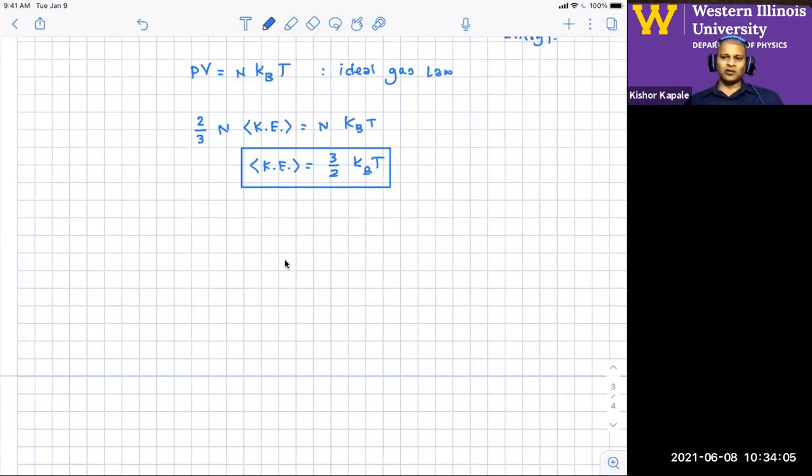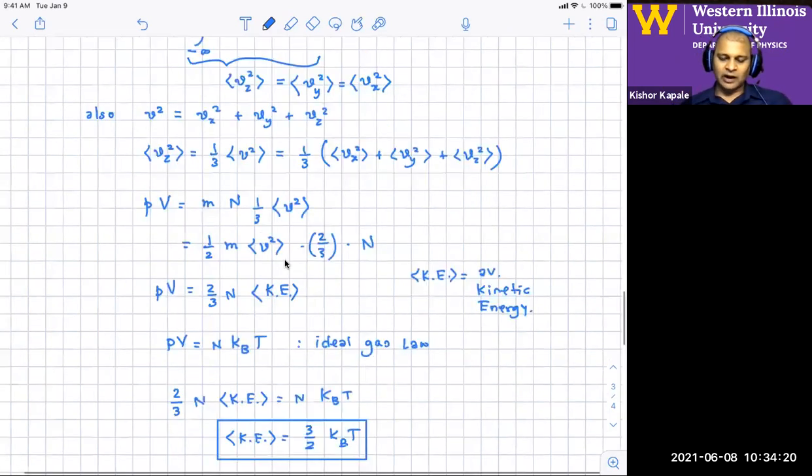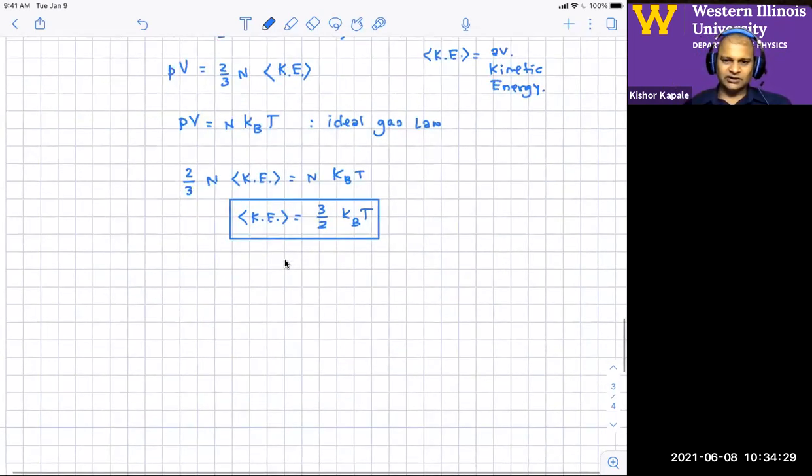We only made some small assumptions that it does not depend on the direction, whether you're looking up or down or here, there, doesn't matter. That means all three components, vx, vy, vz, are equivalent. That means average vx squared would be the same as the average of vy squared and vz squared. That's the only assumption. And after that, we get the average kinetic energy equal to 3/2 kT. This is called the equipartition theorem.